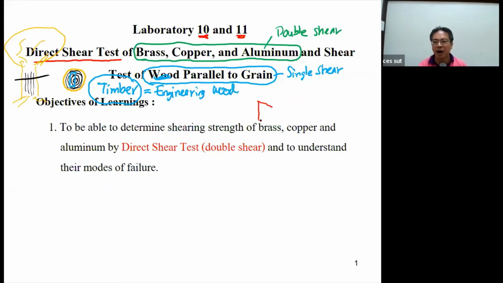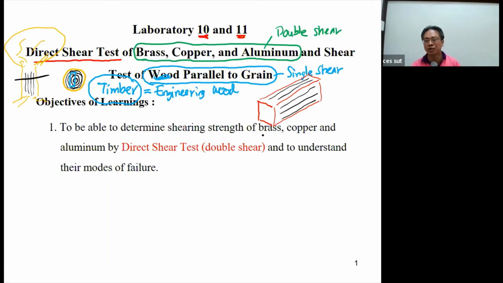Most of the timber will come in a piece something like this, and you have the grain that is parallel to the length of the structural member.